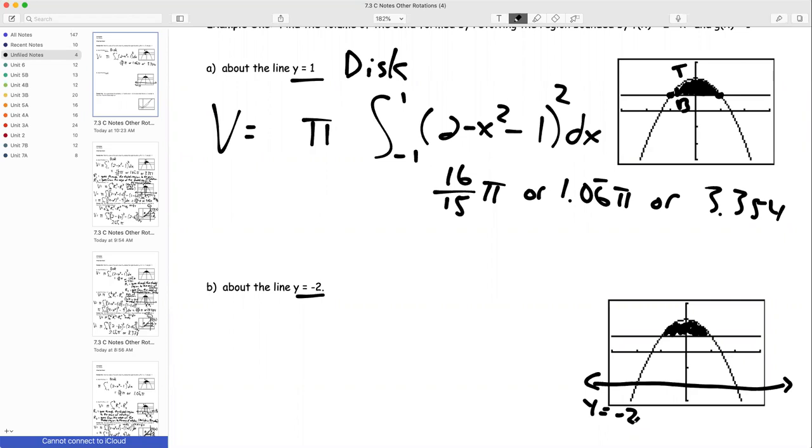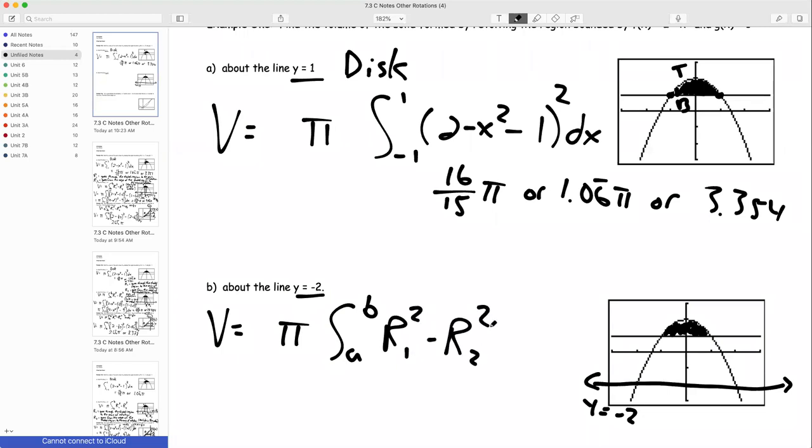Okay, so on this one, we have a formula. It's going to be pi integral from a to b, and then I've got r1 squared minus r2 squared. This one is a washer. And the reason it's a washer, again, the shaded region is not flush up against the axis of rotation.